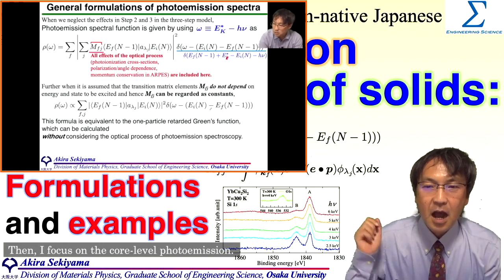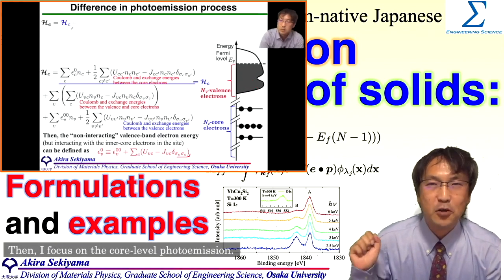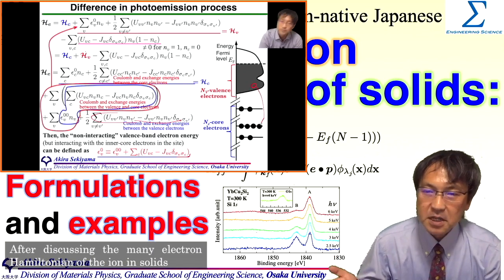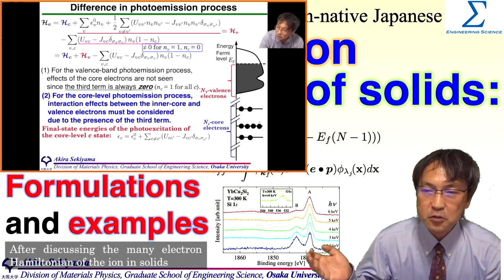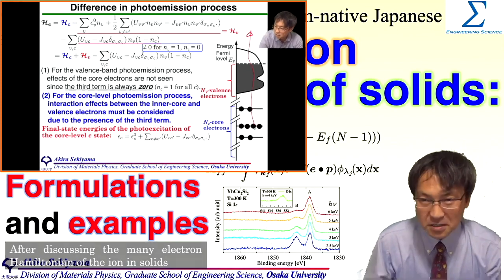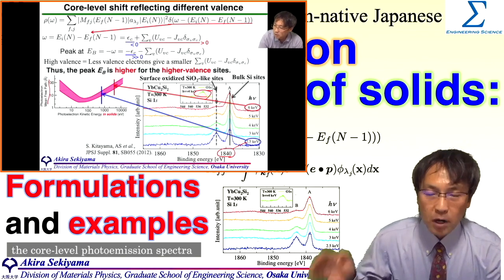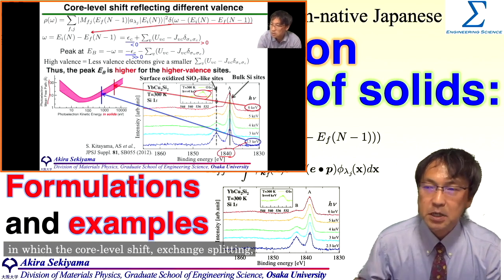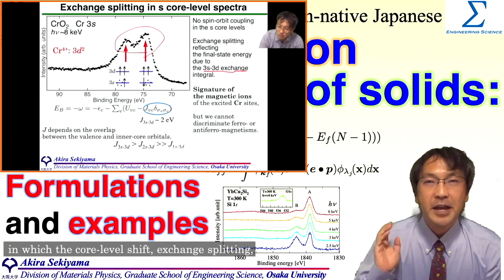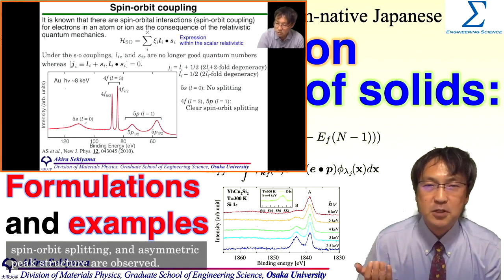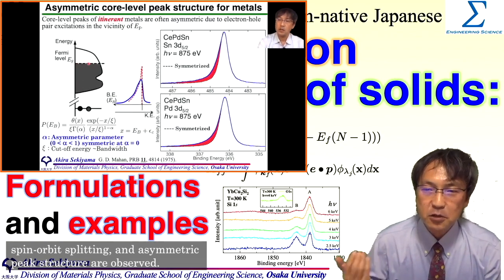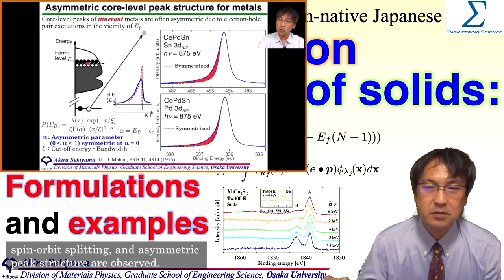Then, I focus on the core-level photoemission. After discussing the many-electron Hamiltonian of the ion in solid, I showed several examples of the core-level photoemission spectra in which the core-level shift, exchange splitting, spin-orbit splitting, and asymmetric peak structures are observed.